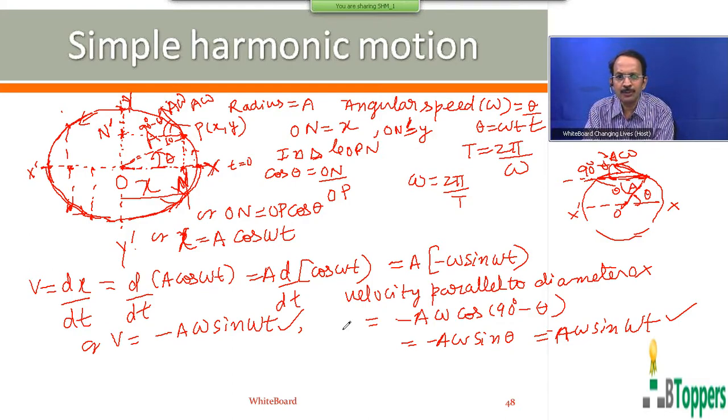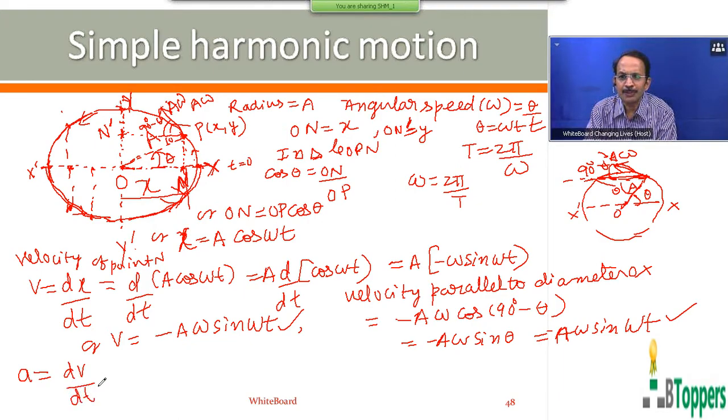If you go by the first method, the acceleration of the point n, the acceleration of the projection of the particle moving in the circular path on one of the diameters, is equal to the rate of change of v, where v represents the velocity of point n. The instantaneous acceleration of the point n is dv by dt.